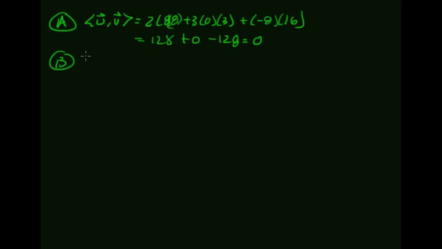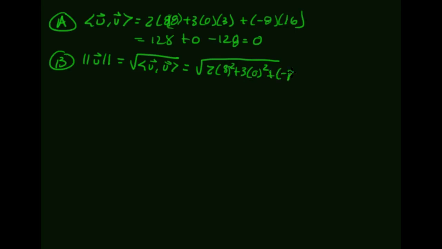Part B says, what is the magnitude of u? So that's the square root of the inner product of u and u. So this is going to be the square root of 2 times 8 squared plus 3 times 0 squared plus negative 8 squared.